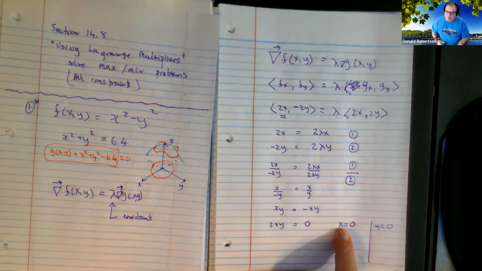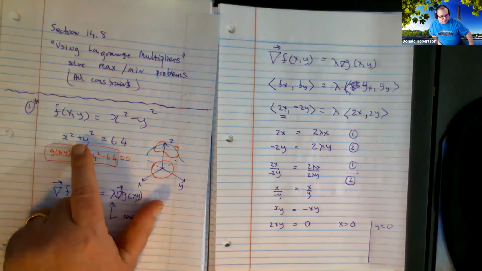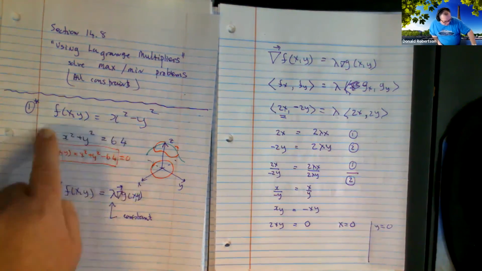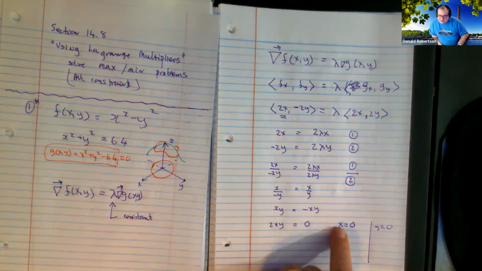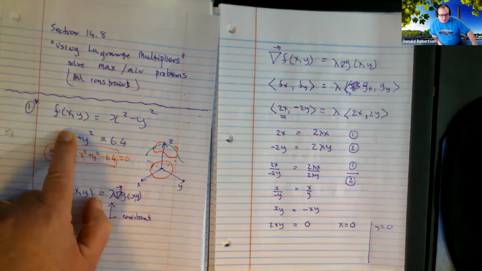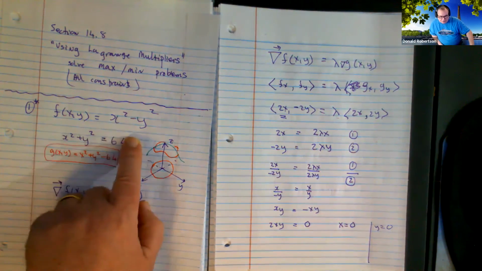You then have to ask, what is the y coordinate that goes along with x equals 0? This is where you return to the constraint, because all these points have to be on this circle. If x is 0, can't I plug it in here and find out that y could be plus or minus 8? So when x is 0, y has to be plus or minus 8.